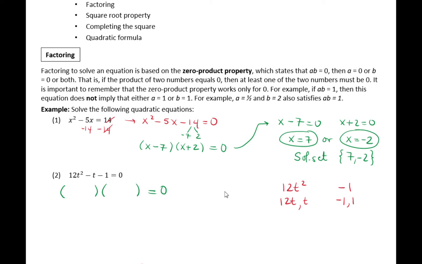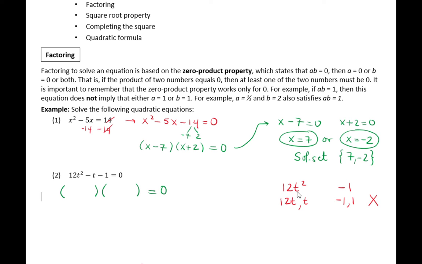You will not be able to get negative t, because 12t multiplied by these and t multiplied by the other one, if you combine, you can get maybe 11t, or maybe negative 11t, but you will never be able to get negative 1t. So this one does not work this way.